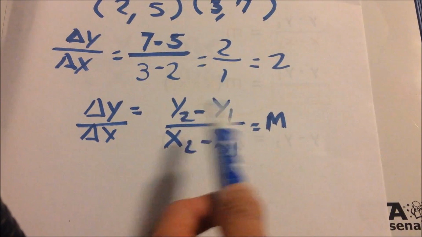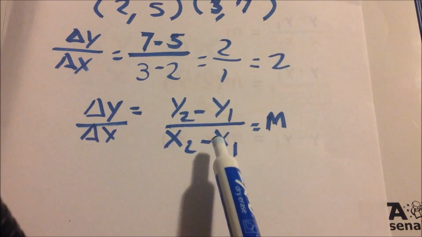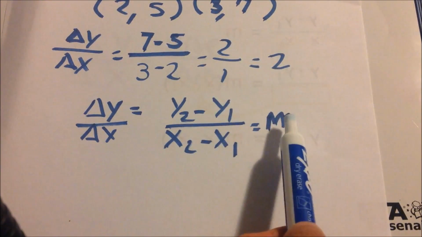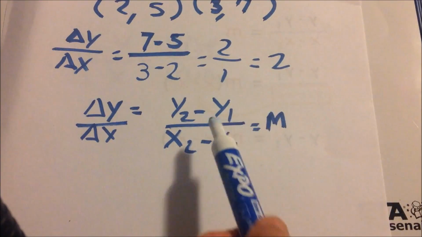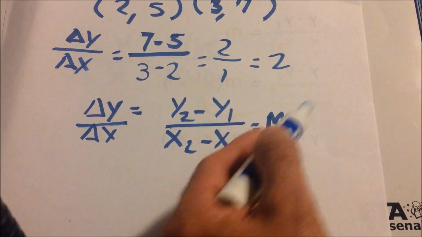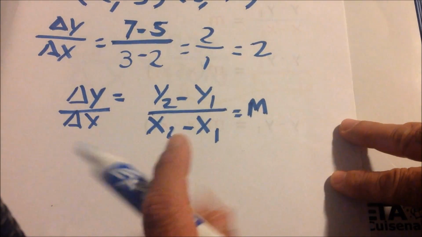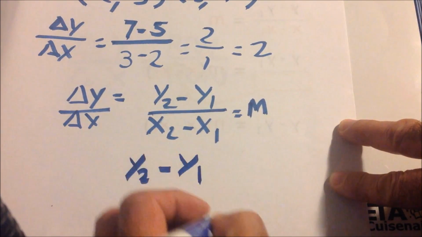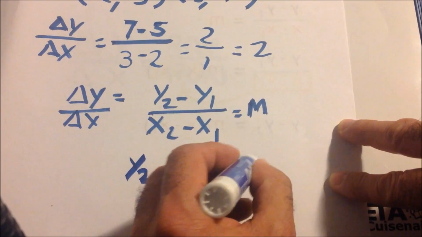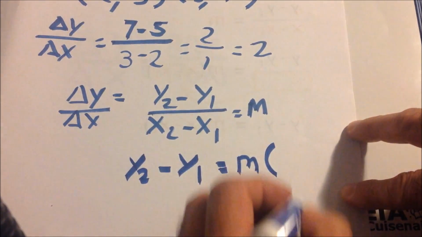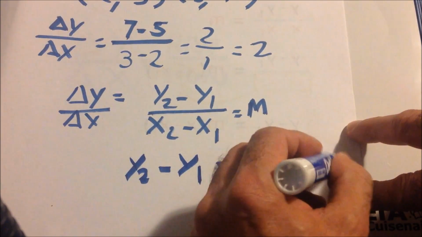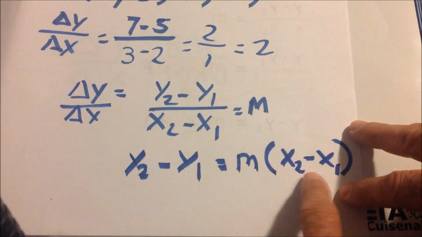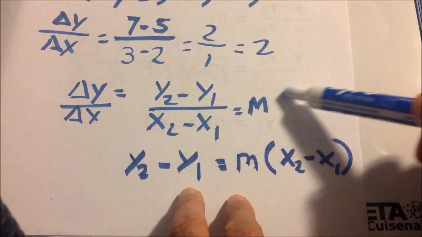Now we're going to do a little algebra. We can multiply up when we have an equation like this. If I multiply this up, the y2 minus the y1 stay, and then we multiply, remember parentheses mean multiplication, and we get the point-slope formula right away, just by multiplying up.